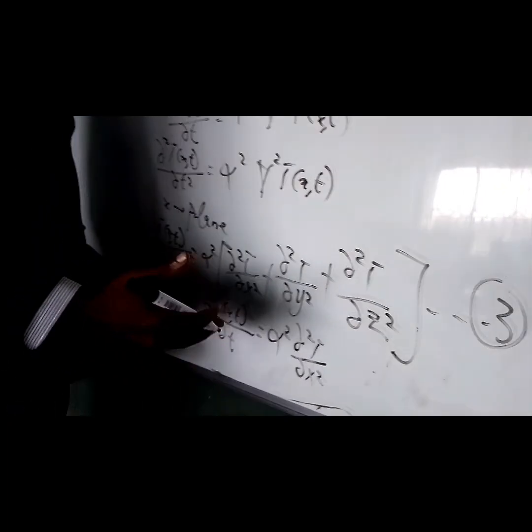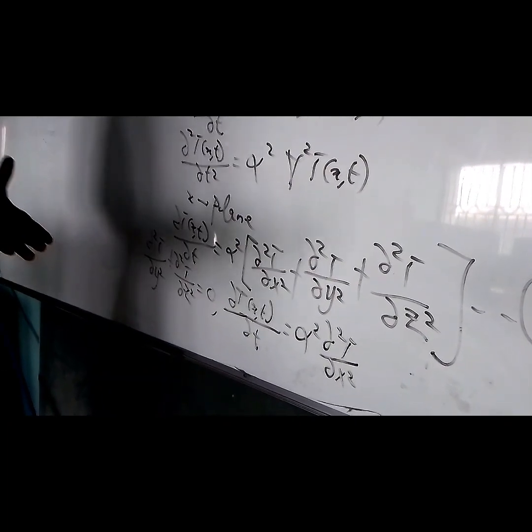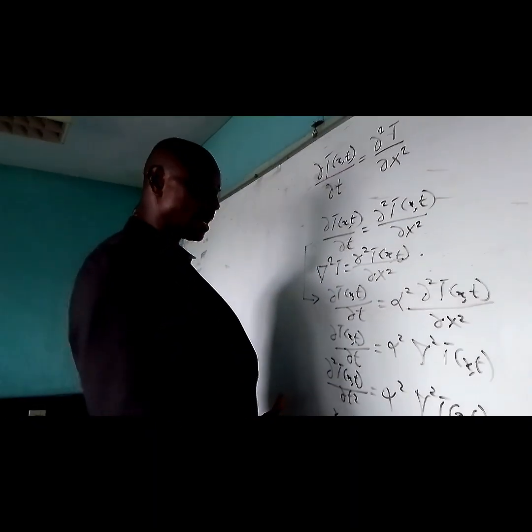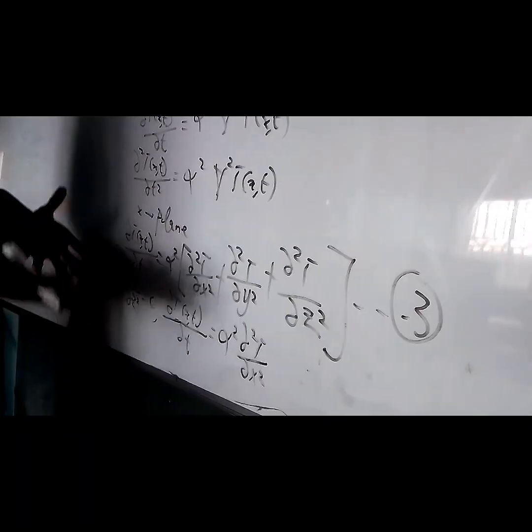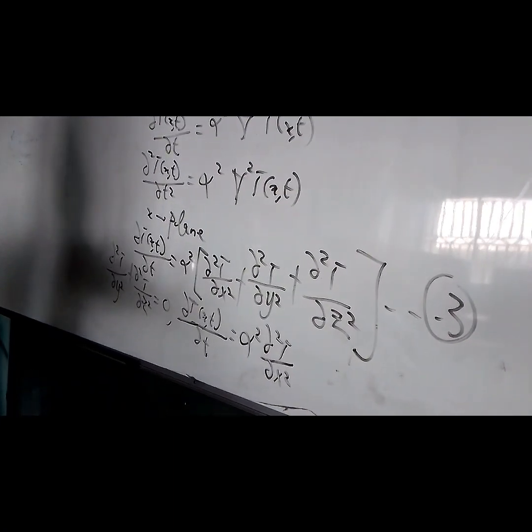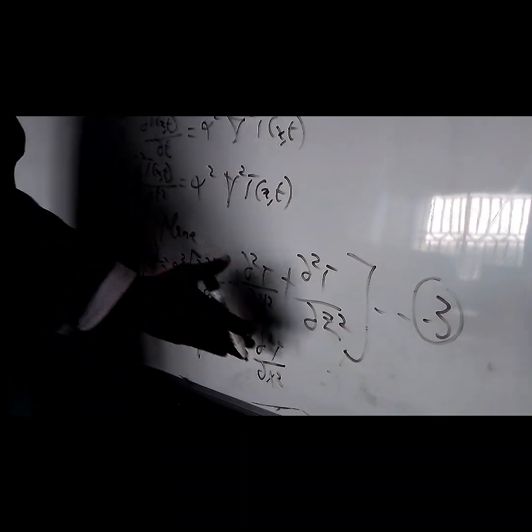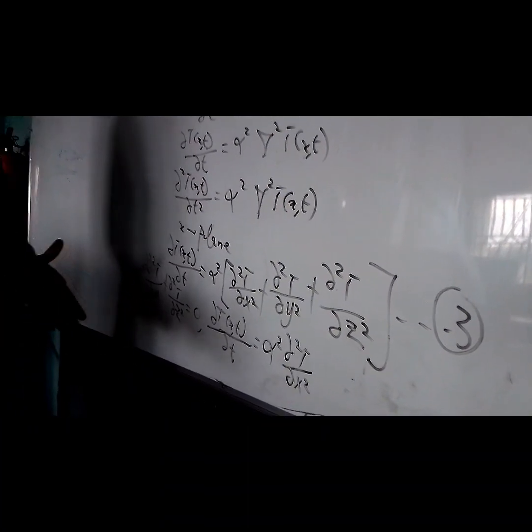This is the derivation of the one-dimensional plane from the three-dimensional plane, when the y-axis direction is 0 and the z-axis direction is 0. We now have a one-dimensional plane, and of course, this is more pertinent in application in engineering.